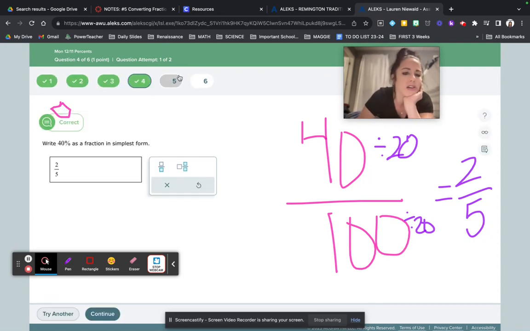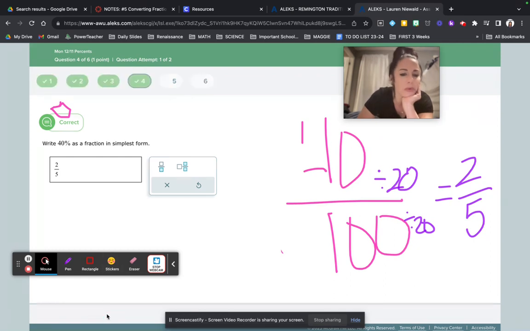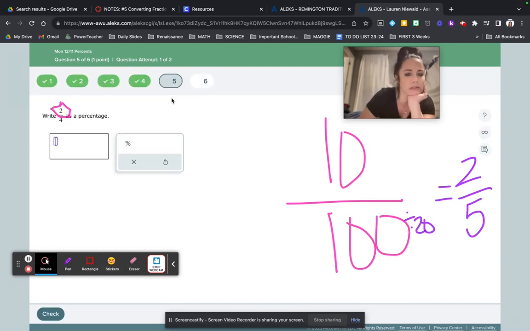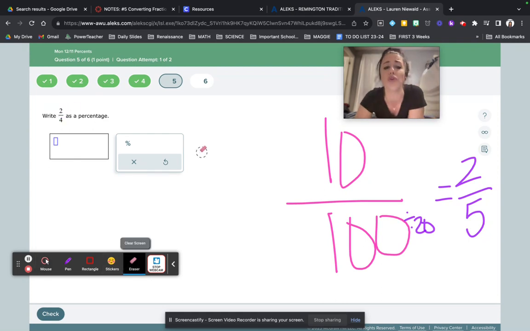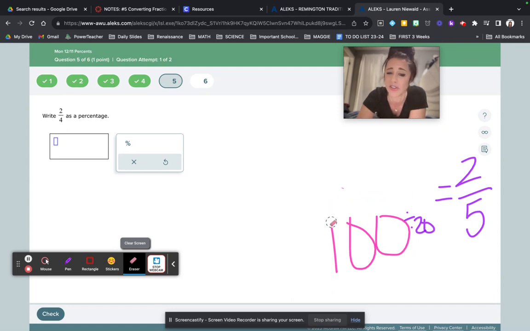All righty. Here we go. We have one more problem. Let's see if it's going to be anything like the others. So this is 2/4 as a percentage. Hopefully you know this one. If not, start to think about it just with number sense. Forget all these silly rules, right? 2 out of 4.